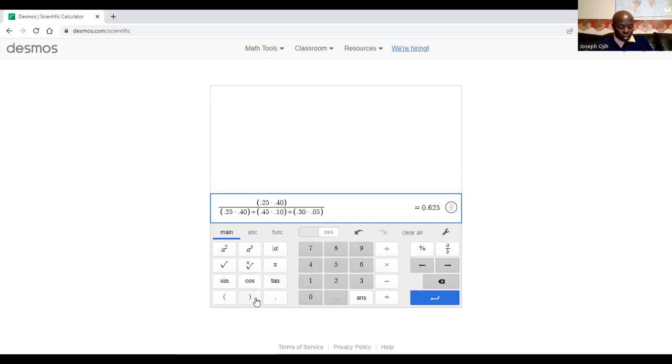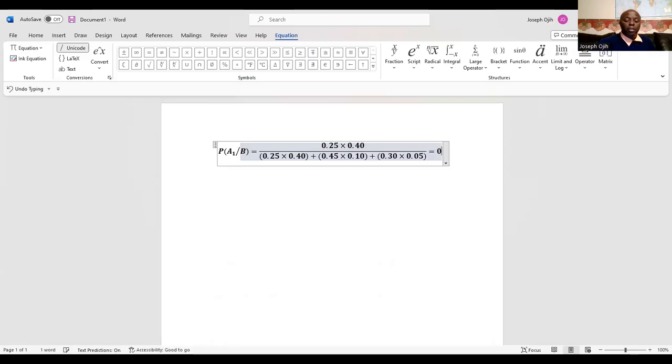So that will give us the probability we are looking for, that the customer is late, given that he belongs to the A1 group: 0.625. So we can go and put it in our workbook.